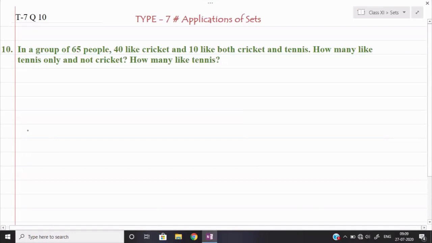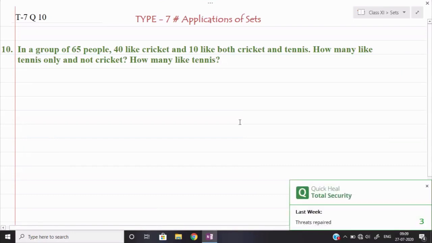First of all, we shall write down the denotation.